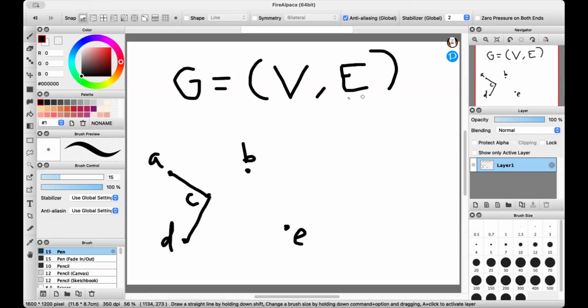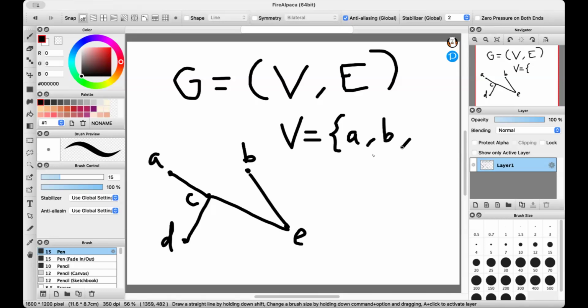You're allowed to have an empty set of edges. So for instance, what would be in my vertex set to describe this graph would be A, B, C, D, and E.